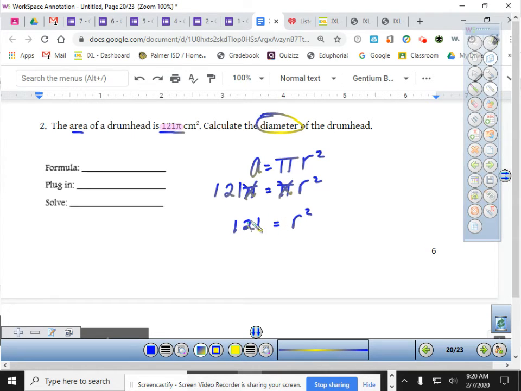Now what? Square root. The radius is? Did you say it, Jacob? What is it? 11. Awesome. What's it asking you for? The diameter. What is the diameter? 22. If I said you could use 3 for pi, what is the circumference?